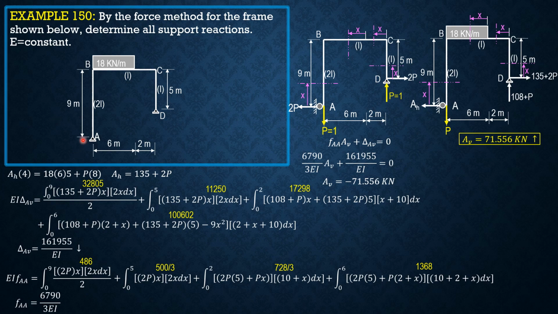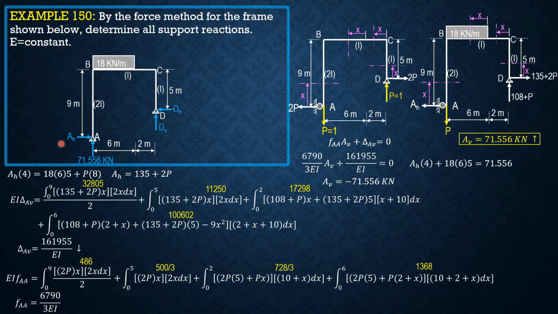Having found AV, we can now compute the reaction components of the rest. So let's apply 71.556. Let's call this the A horizontal, and here D horizontal and D vertical. So summation moment here equals 0.